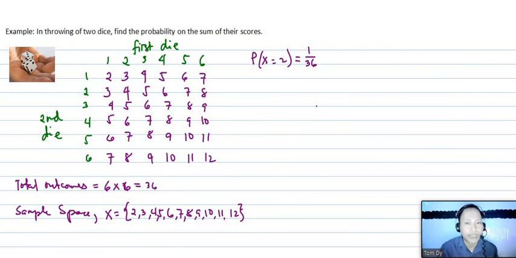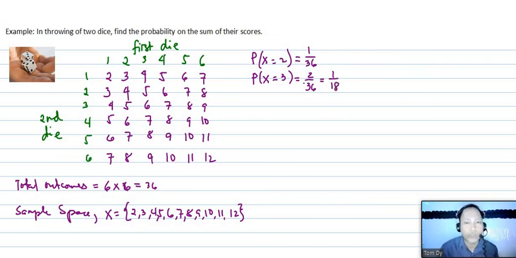Now, the probability when x is equivalent to 3. If you count the 3's here in our possible outcomes, we have 2. So, that is 2 over 36. Or when we reduce this to lowest terms, that is 1 over 18.